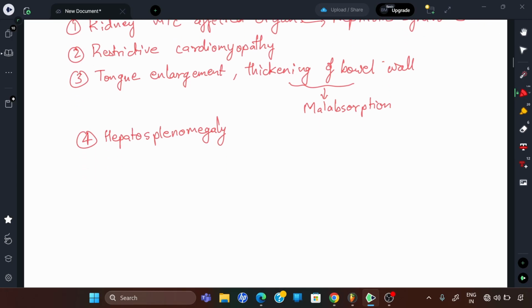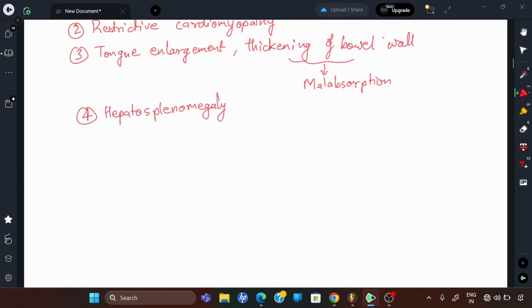And now coming to the diagnosis of amyloidosis, it will require tissue biopsy, and the easily accessible targets for tissue biopsy to diagnose amyloidosis are the abdominal fat pad and rectum, right?